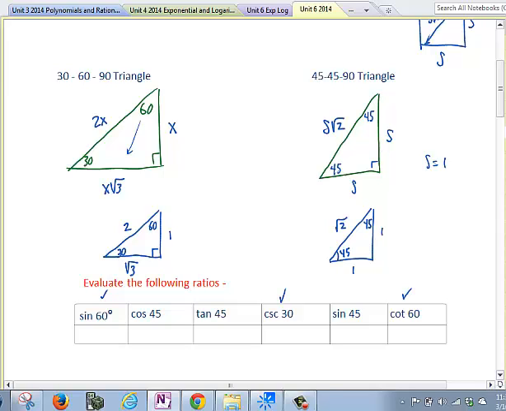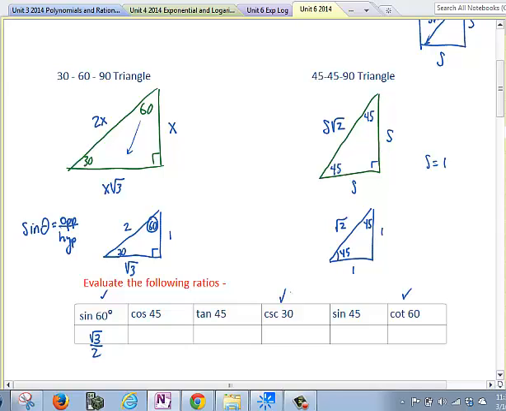So for the sine, since the angle is 60, we're going to look at the opposite side, because sine is opposite over hypotenuse. The opposite side for a 60 is root 3, and the hypotenuse is 2. So my sine ratio for 60 would be equal to root 3 over 2.